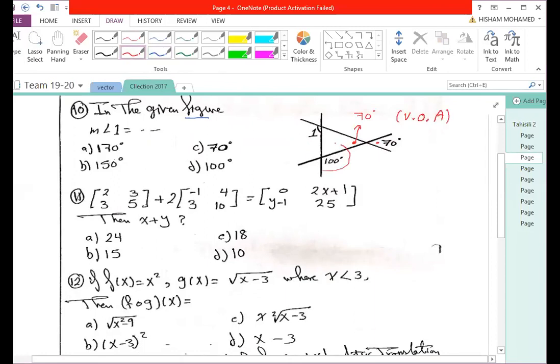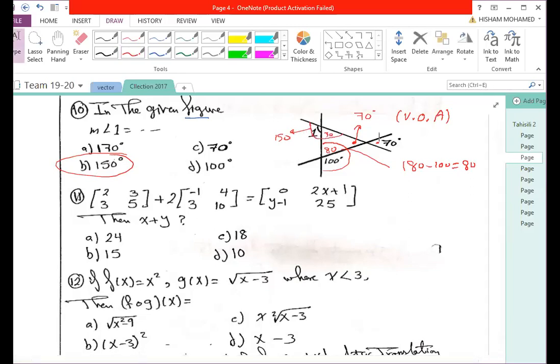And this angle is supplementary, so this angle is 80. Why? Because 180 minus 100 is 80. 80 and 70 is 150. If you know that this exterior angle equals 150, you can start by choosing this. But if you want to add, subtract from 180 and then find the supplementary, it's okay.